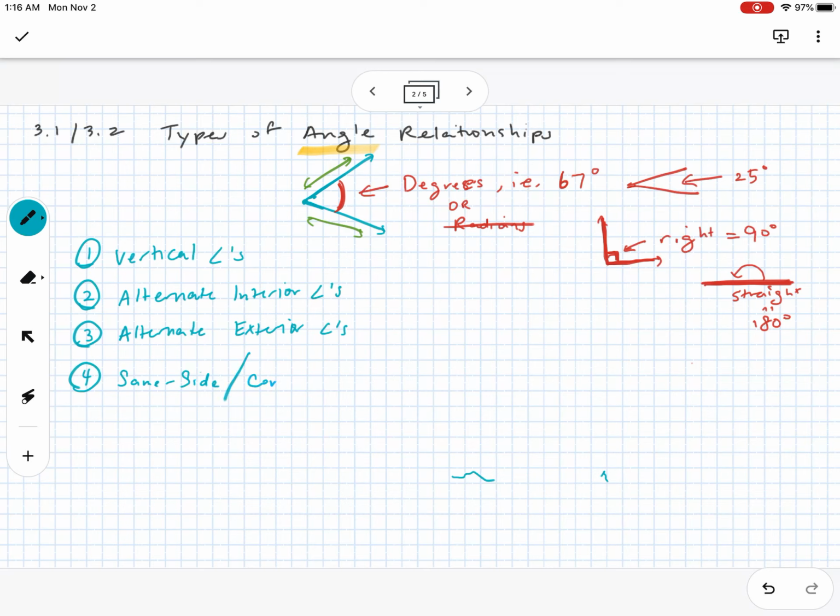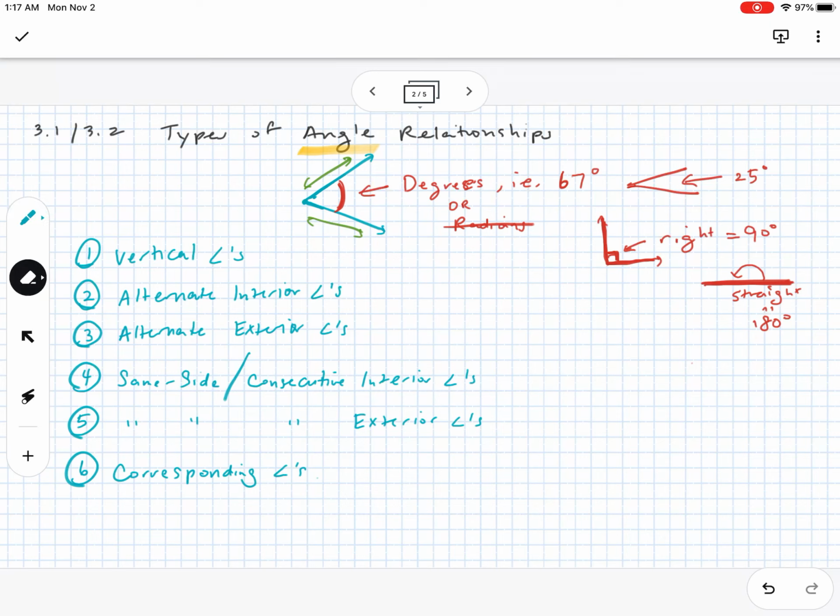And then the fourth one would be same side, or another way they put it is consecutive interior angles. And then number five, just the same thing, but instead of interior, we're going to say exterior angles. And then lastly, number six, we want to be familiar with corresponding angles. Okay?